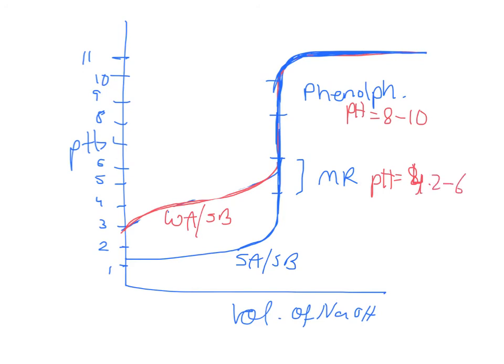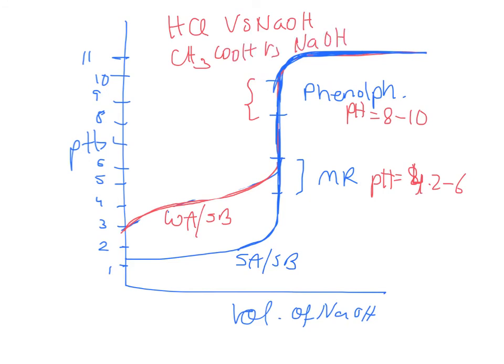Notice phenolphthalein kind of overlaps with both the red curve as well as the blue curve. So phenolphthalein can be added as an indicator to both of your titrations, whether you're using HCl versus sodium hydroxide, or whether you're using acetic acid versus sodium hydroxide.